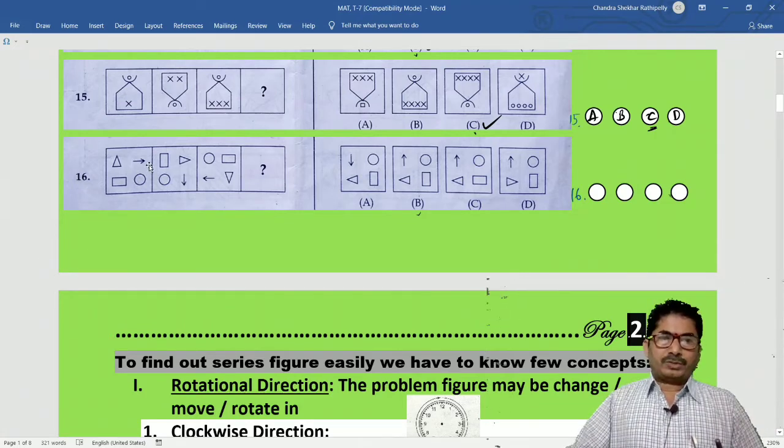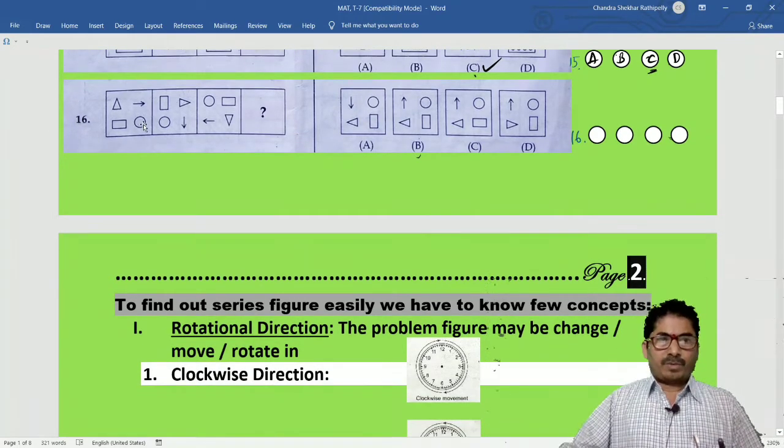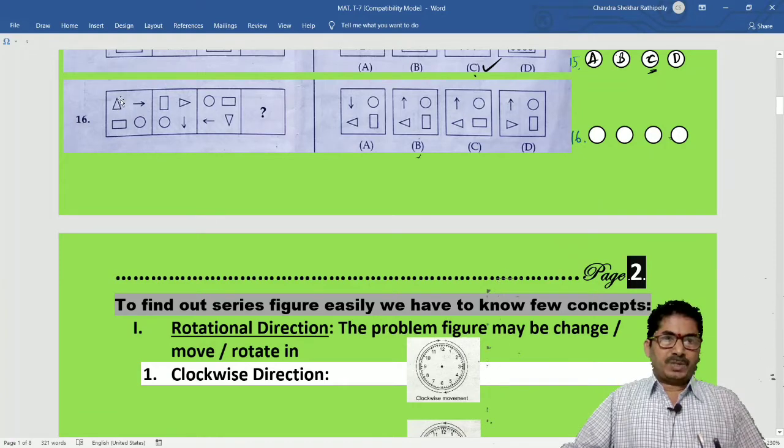Question number 16. Here every figure has three pictures: triangle, arrow mark, circle, rectangle. In the next also the same, but these have changed their places.